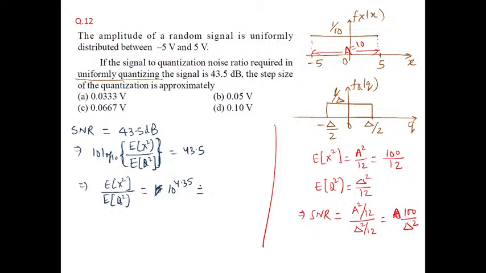So 10 raised to power 4.35 is equal to 22,387.2.